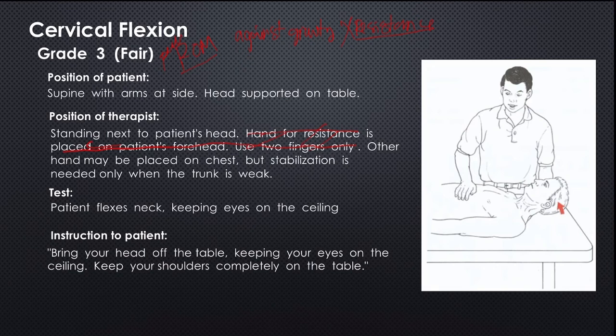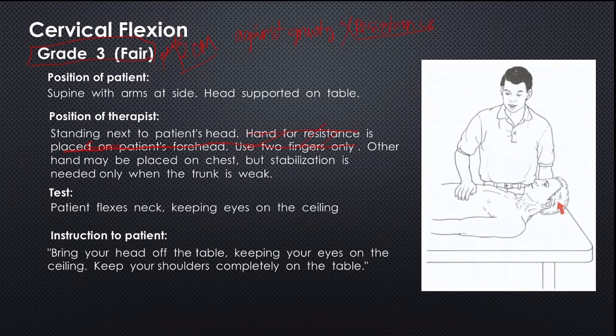I'll give you a tip on how to execute the actual assessment of the MMT. Usually, therapists first ask the patient to do grade 3. Why? Because if the patient is capable of doing grade 3, then you start from there.